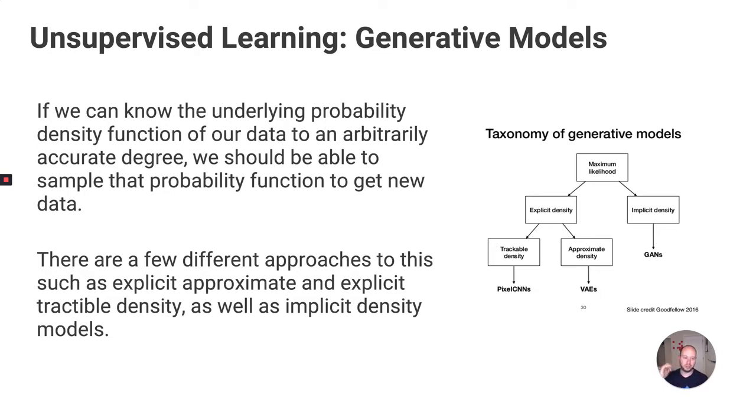For example, if I can generate new images of dogs and then train a particular classification model on this new probability distribution, maybe I'm going to get a better classifier than if I'm just training on the 10,000 images of dogs that I have access to.